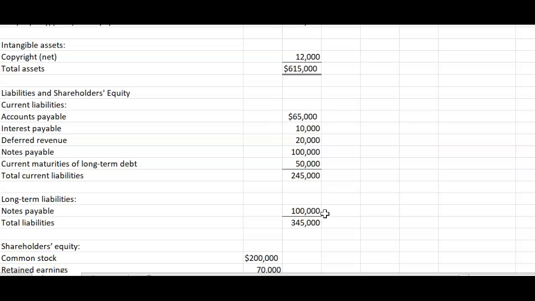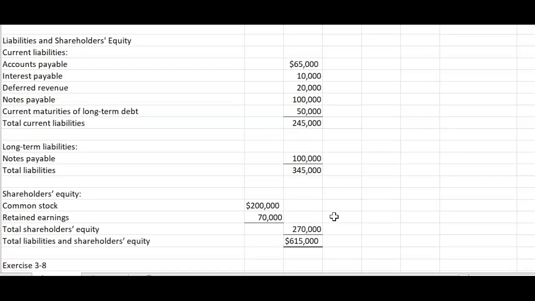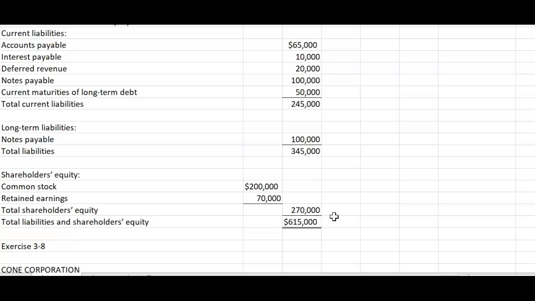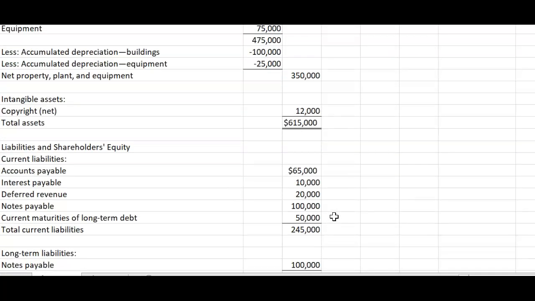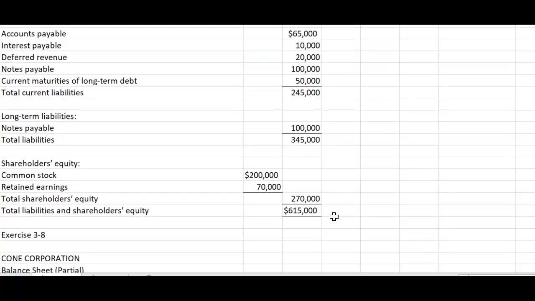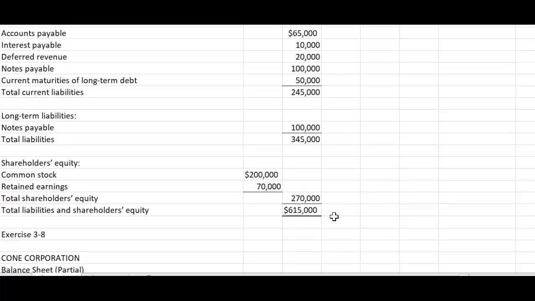And then they gave us the common stock to be $200,000, the retained earnings to be $70,000. So total shareholders' equity is $270,000. And we compare our assets of $615,000 to the total liabilities and equity of $615,000. So it's balanced.